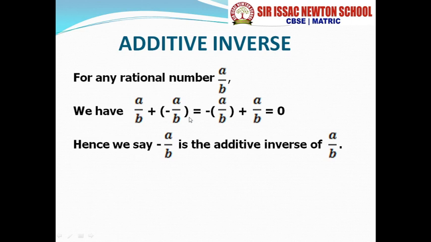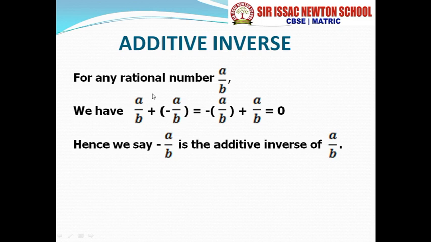So the negative of a rational number becomes the additive inverse of that rational number. So if a rational number is a by b, minus a by b is the additive inverse of a by b. For any rational number, the negative of that rational number becomes the additive inverse.